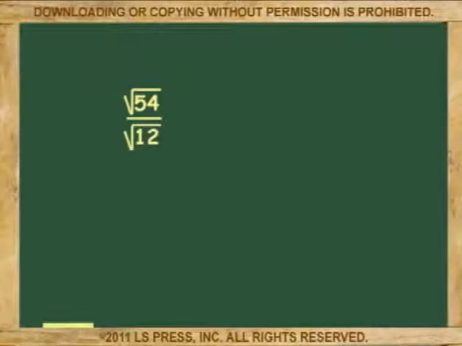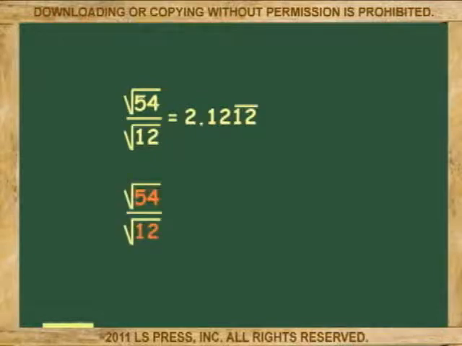In the following example, we show how the value does not change. Radical 54 over radical 12. In here, for example, the value of the starting fraction, the square root of 54 over the square root of 12, is, using a calculator, 2.1212.